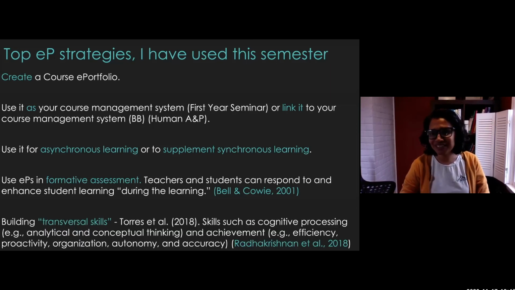Transversal skills, this is a new word that I learned over the summer. I learned it when we were doing the CUNY online training within the CUNY system. It's from this paper by Torres et al. And what it talks about is skills such as cognitive processing, analytical and conceptual thinking, achievement in terms of efficiency, proactivity, being organized, autonomy, accuracy.